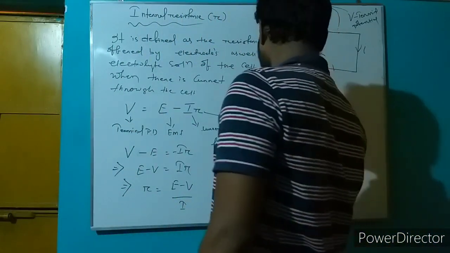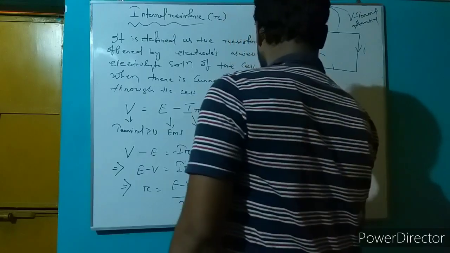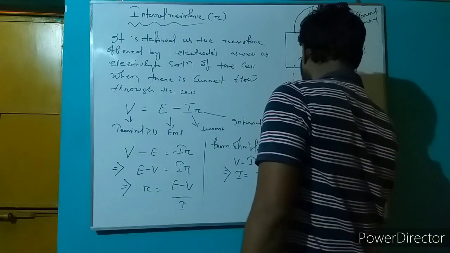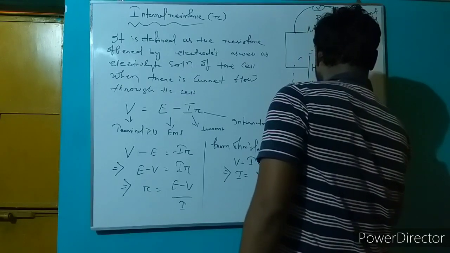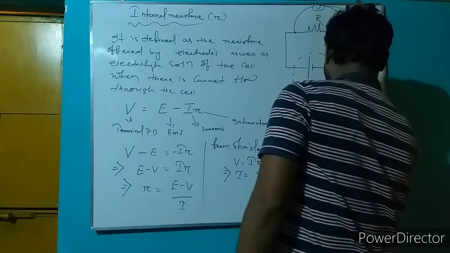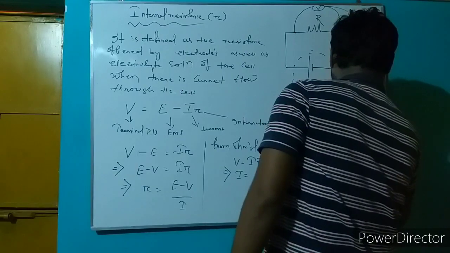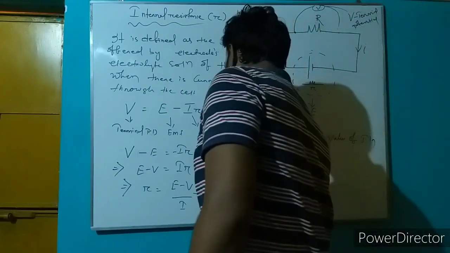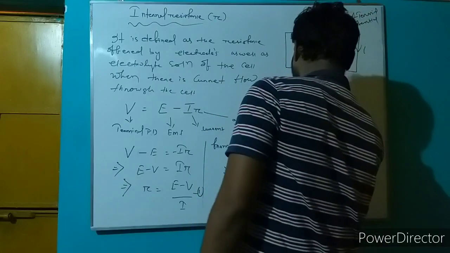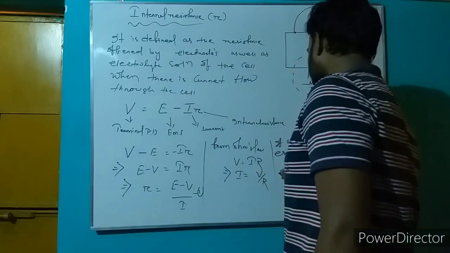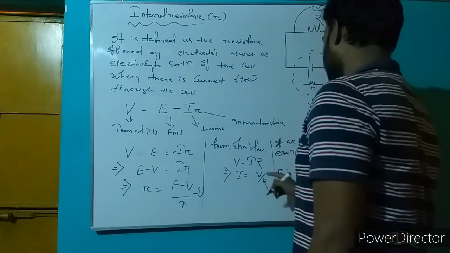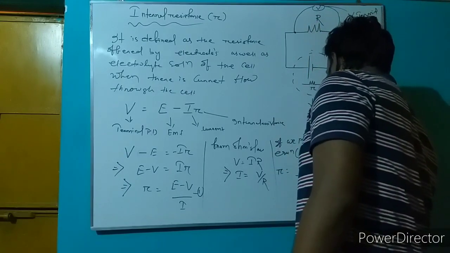So if we put the value of I in equation 1, then r equal to (E minus V) divided by (V by R).